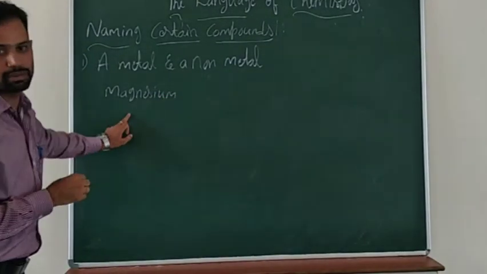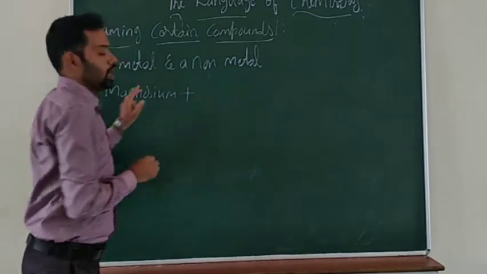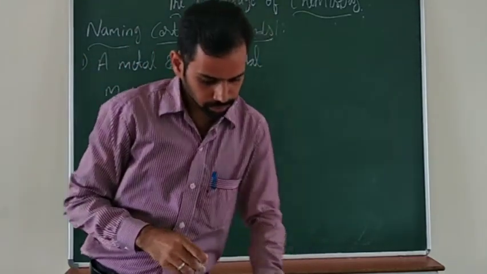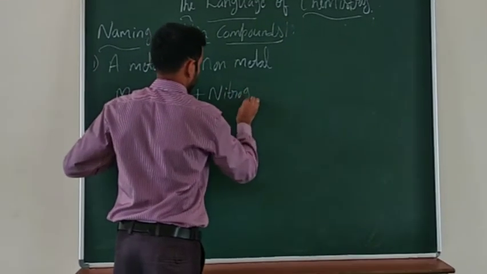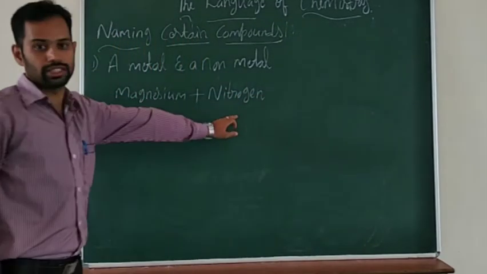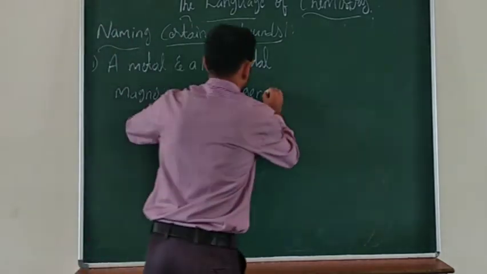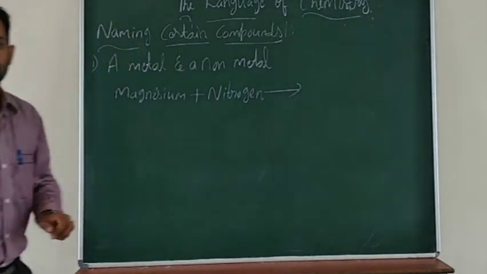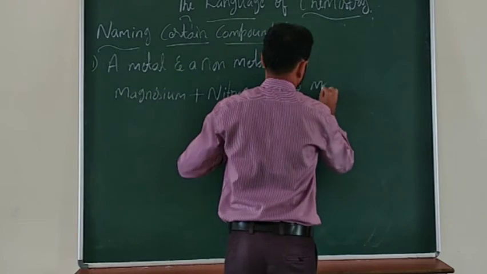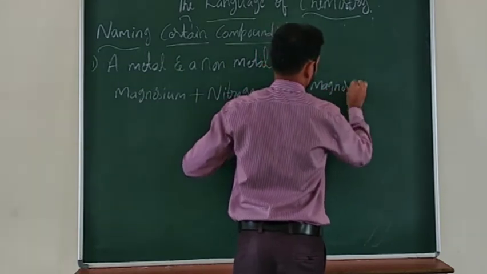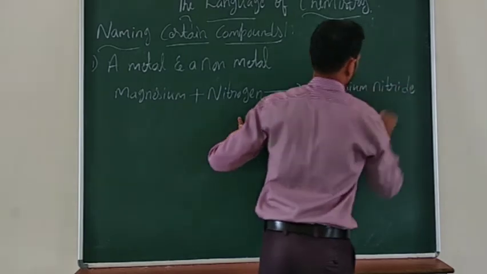So for example, magnesium. Magnesium is a metal. Plus one non-metal: nitrogen. Nitrogen is a non-metal. After they react, it will form magnesium nitride.